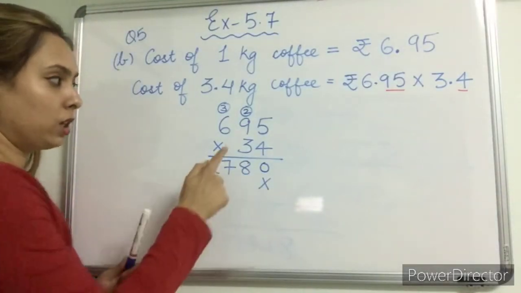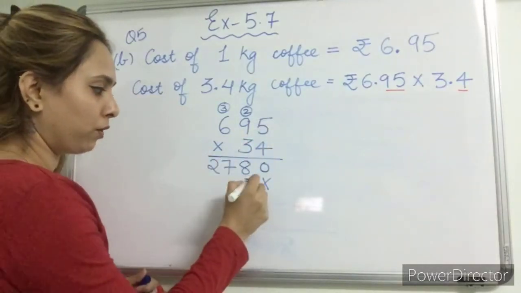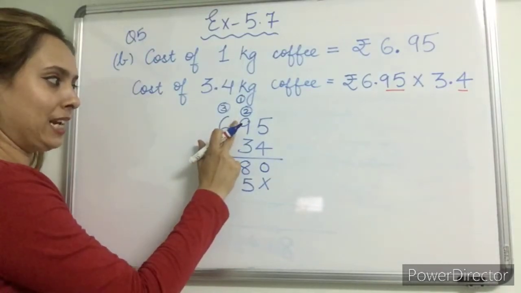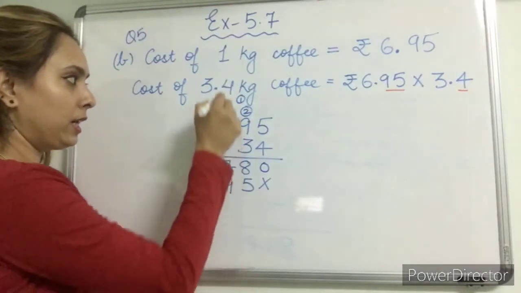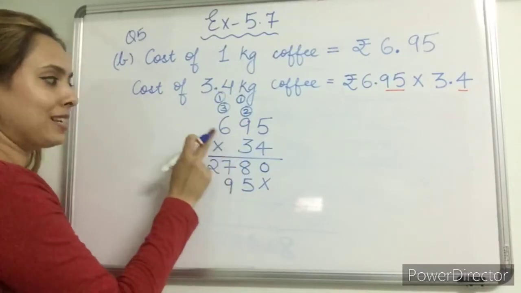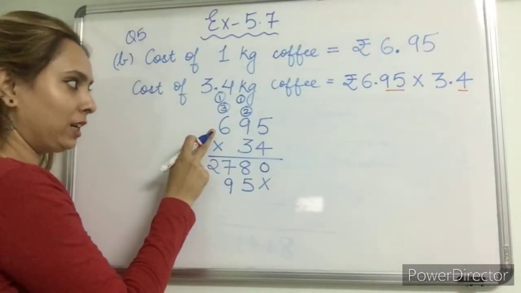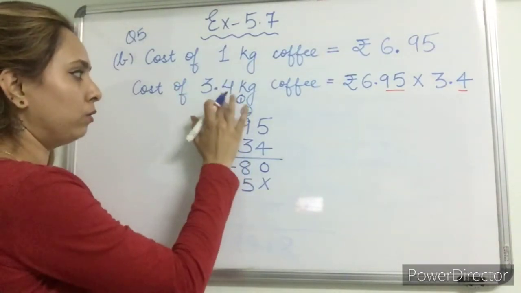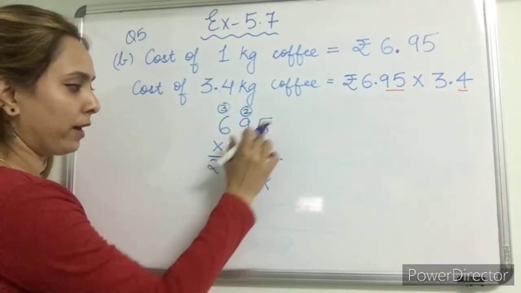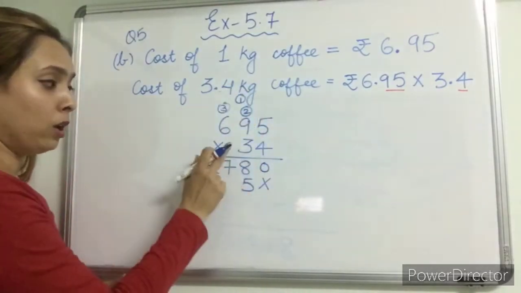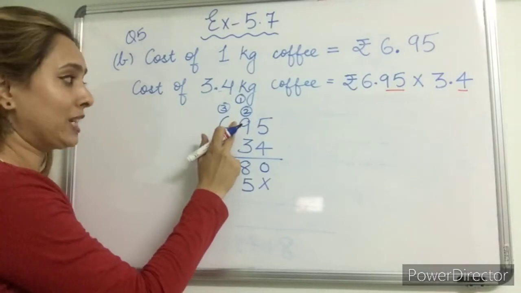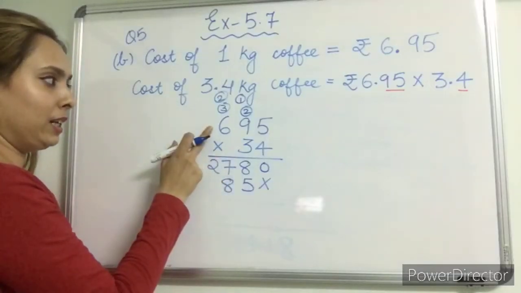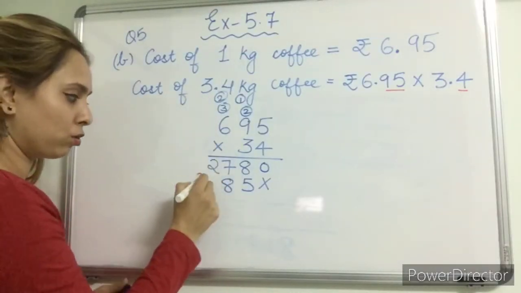Next, 3 5s are 15, 1 carry over, 3 9s are 27, 27 plus 1 is 28, 2 carry over, 3 6s are 18, 18 plus 2 is 20.